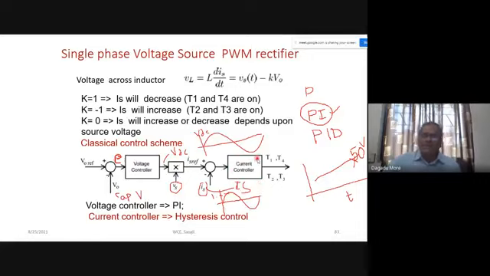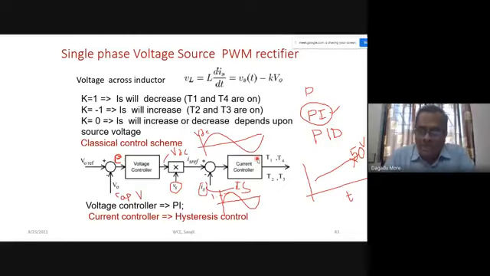So for the current controller, two options are available. What are these two options? One is the PI controller, similar to what we used earlier for the voltage controller. So one is PI and the other is hysteresis, but which will we prefer at present? At present, we will prefer the hysteresis control.